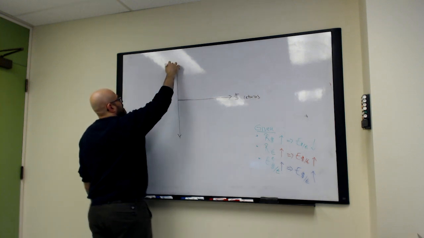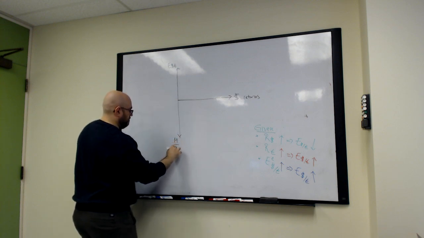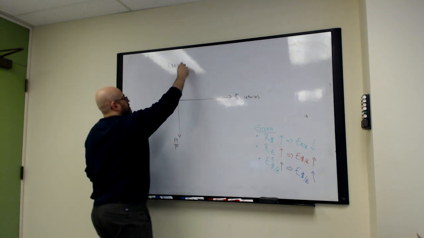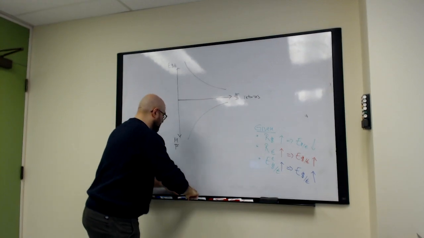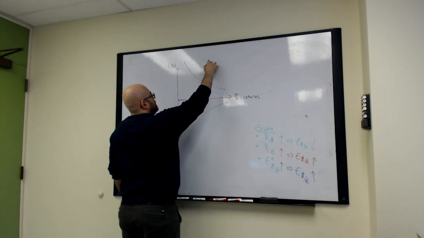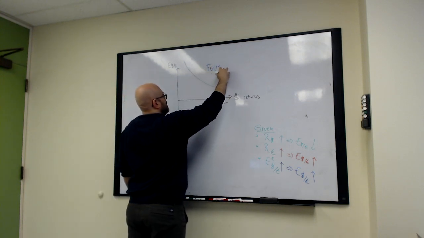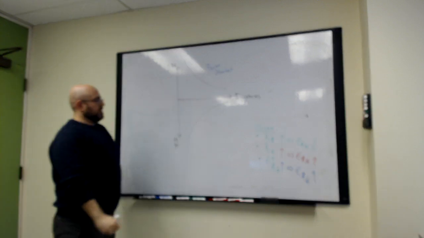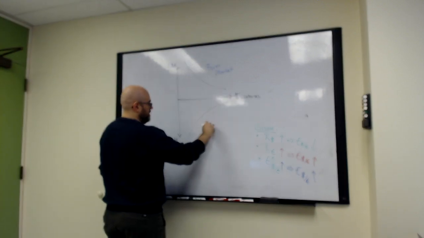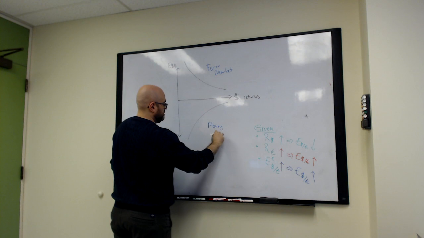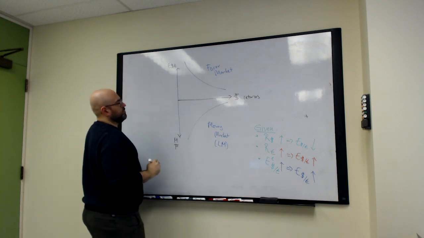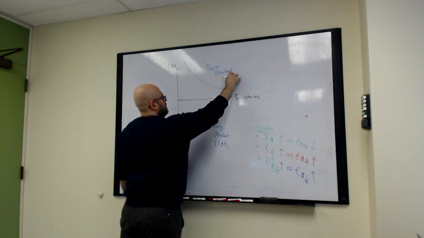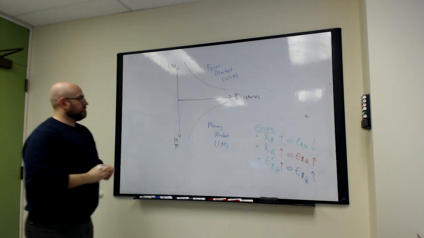The Forex market will be the top quadrant of this diagram, and the bottom quadrant is the money market. This is based on the LM curve, whereas the Forex market is based on the UIP condition.